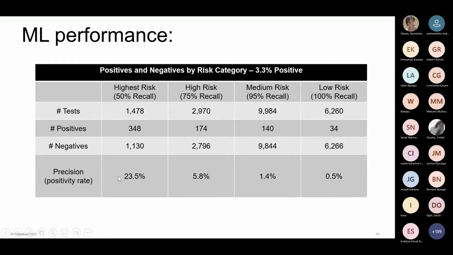that our yield from this particular set of data, for the people classified as highest risk, we are getting a prevalence rate of 23.5. High risk has a prevalence rate of 5.8, medium at 1.4, all the way down to low risk at 0.5.